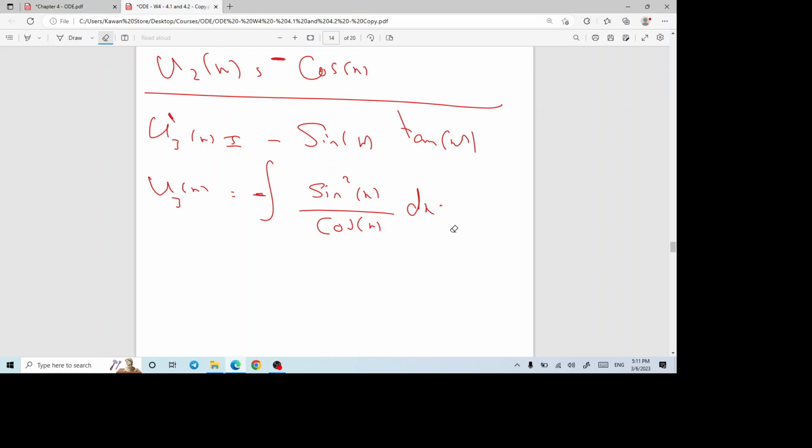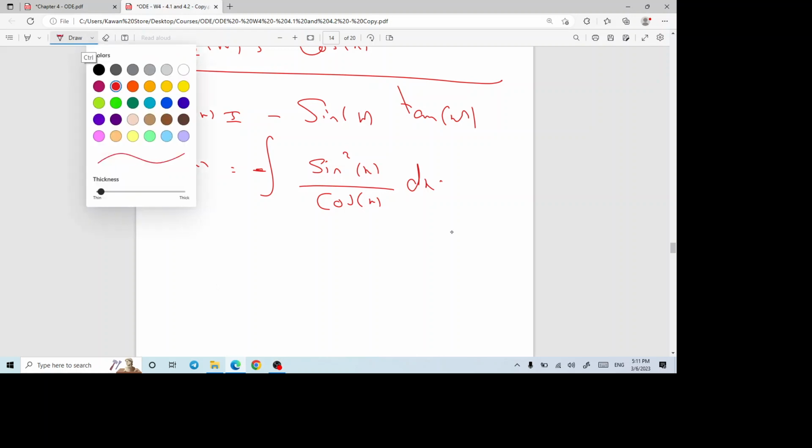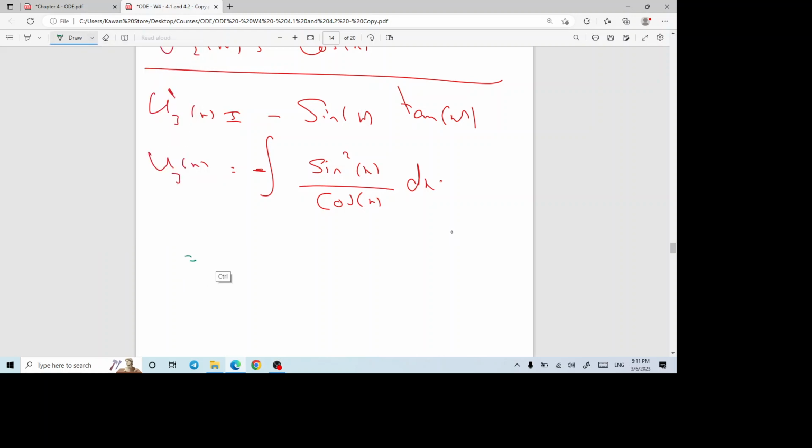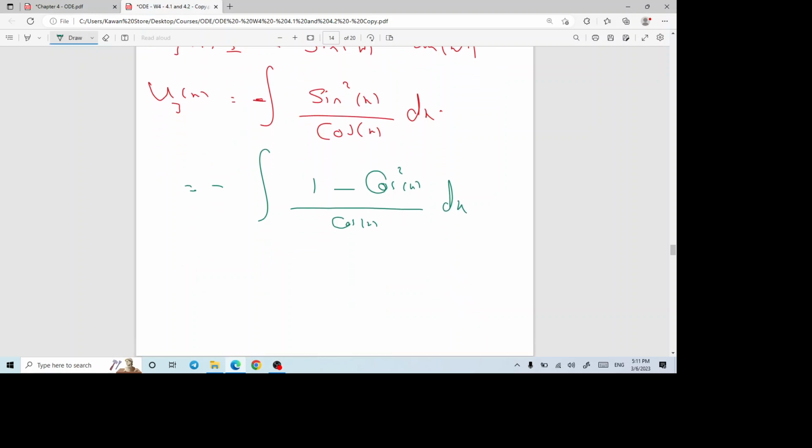So, yalla. Okay. I'm going to write like that. If you understand, say okay. If you don't, let me do it for you. Am I right? Clear? Cosine square plus sine square equals 1.